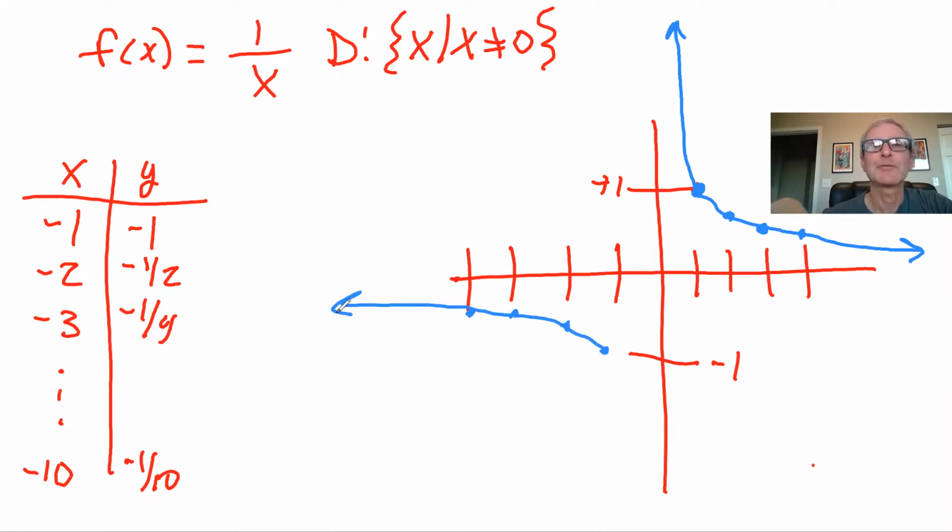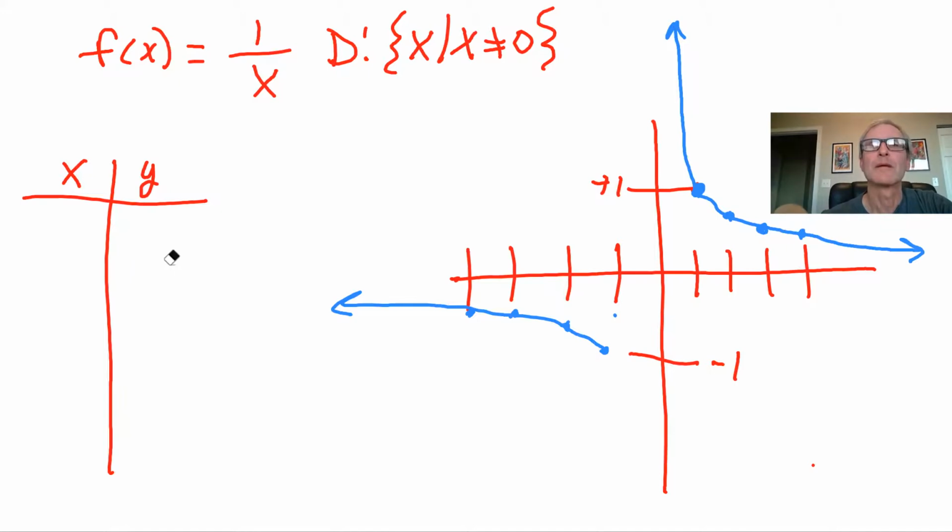So the last thing is what happens between x equals -1 and x equals 0. So if we take a look at our little table here again, and we start plugging in numbers, -1 again is -1. -1/2 would be 1 divided by -1/2, and that would be -2.